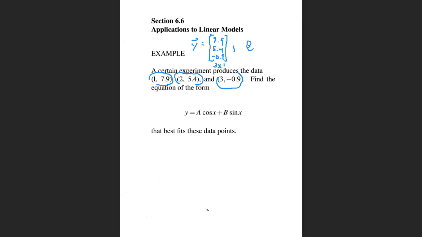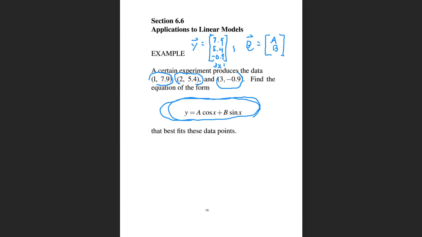What's your parameter vector here? What are the parameters in this model? What are your unknowns? A and B, that's right. Very good, Mikhail.